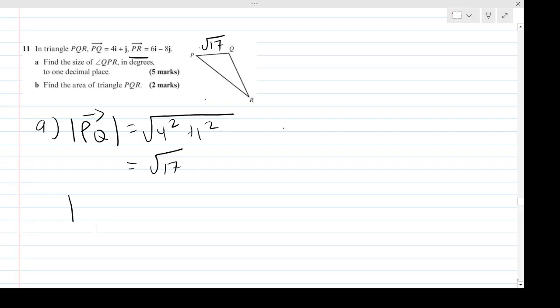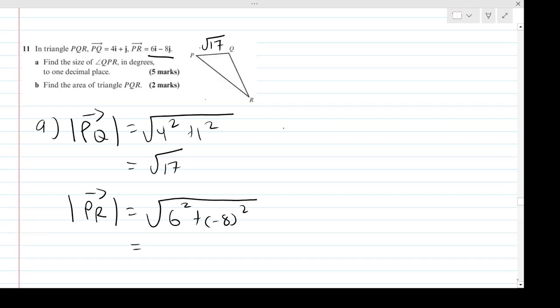So the length of the vector PR is going to be the square root of the i part, so 6 squared, and then minus 8 squared. If I do that, then I get 10. So that's telling me the length P to R, so the side PR is 10.